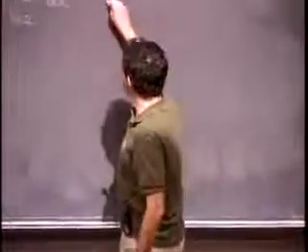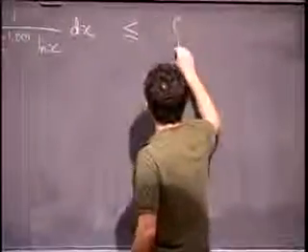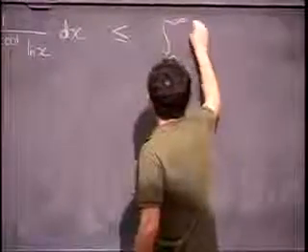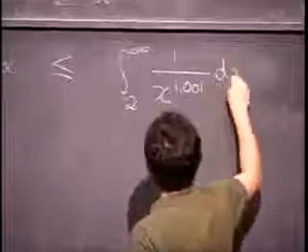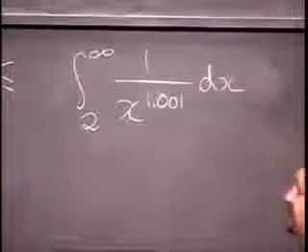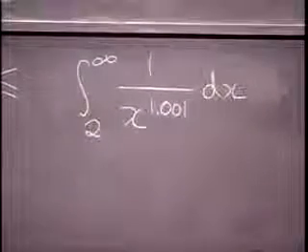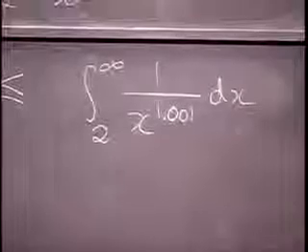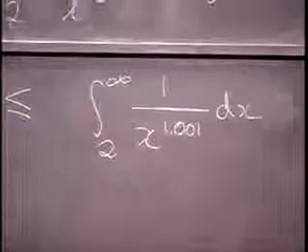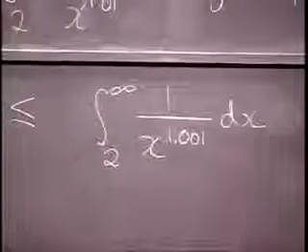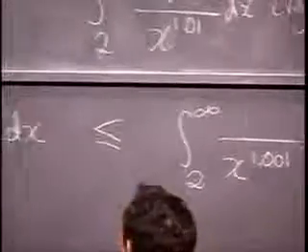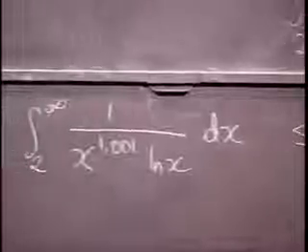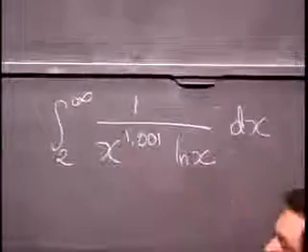That means you can just do a comparison. Well, that's almost true. It's almost true. It's not quite true. What are we actually doing here? We want this to be less than this. If this is going to help us, what do we know about log x?